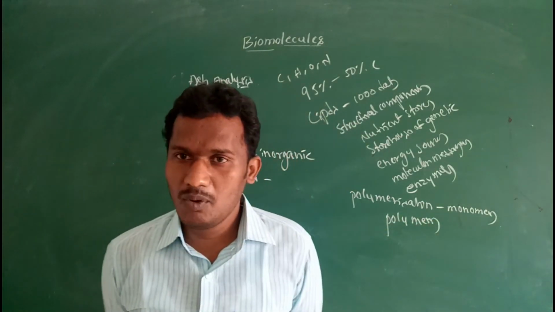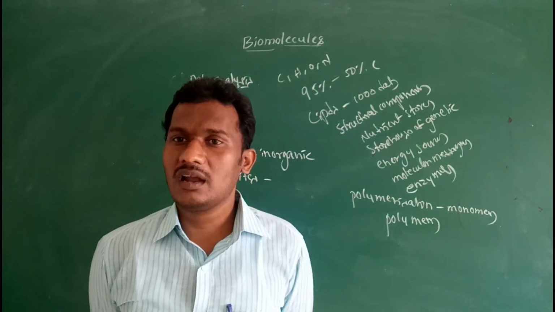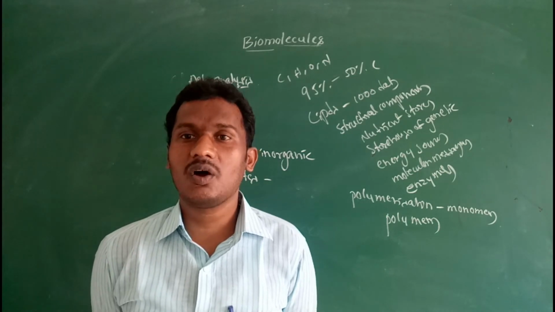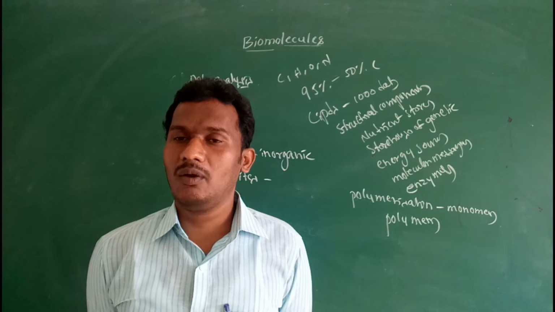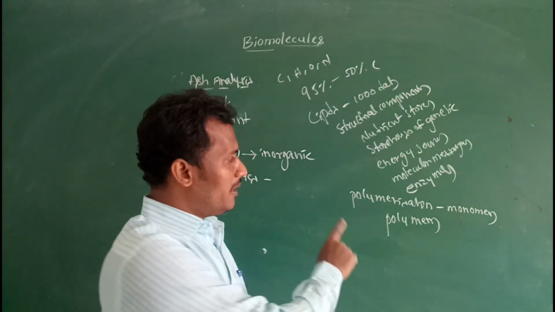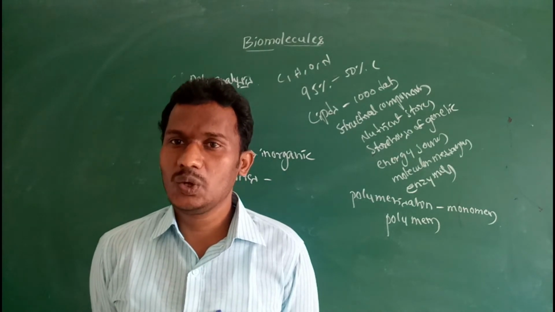That means carbohydrates, proteins, and nucleic acids are all polymers, but lipids are not polymers. Why? Because except lipids, all macromolecules are formed by polymerization of monomers, that means subunits.